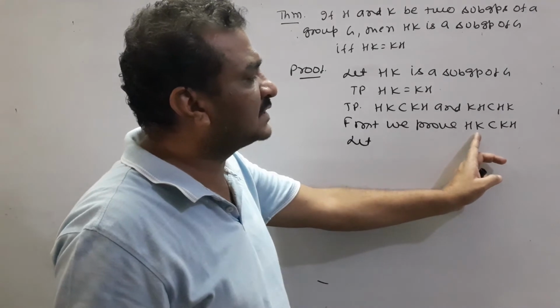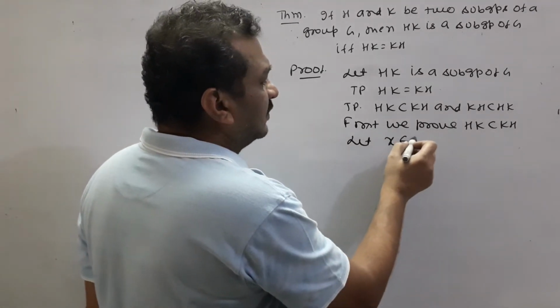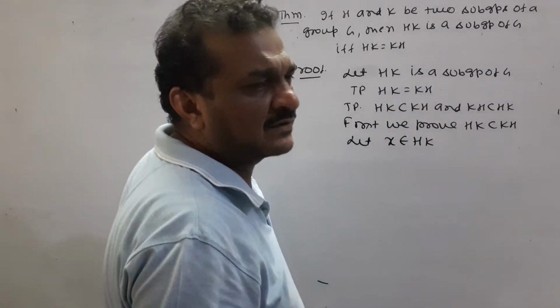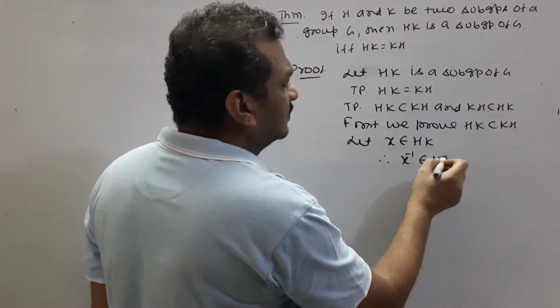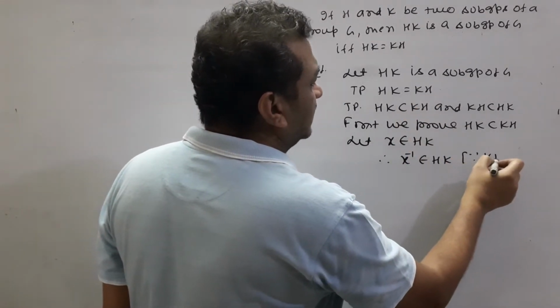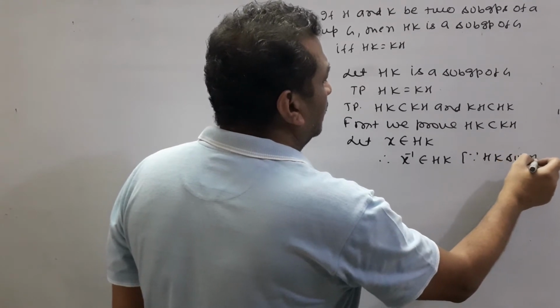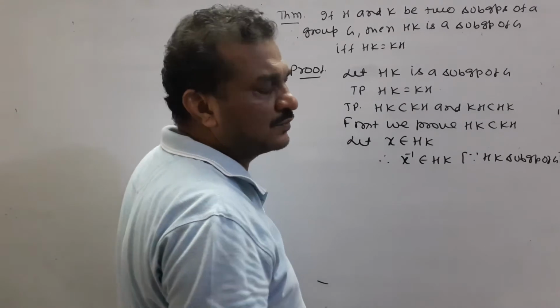Let x belong to HK, any element x belongs to HK. So x inverse also belongs to HK. Why? Because HK is given to be a subgroup of G.